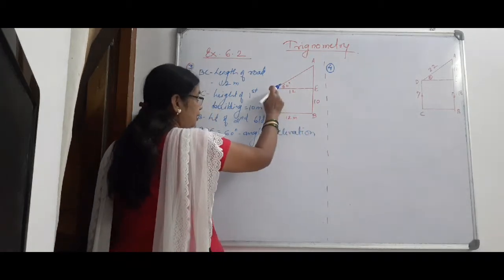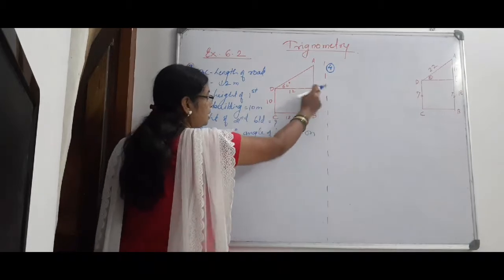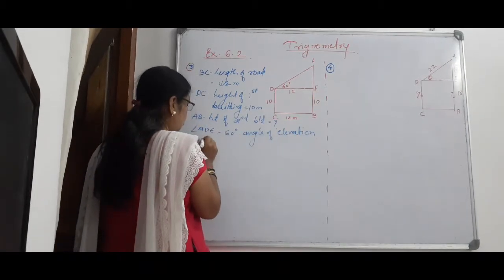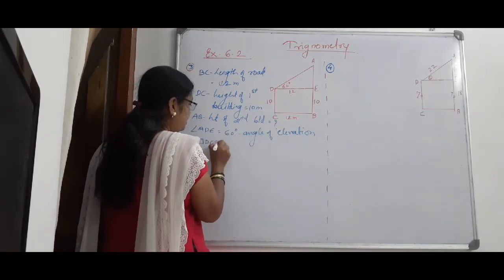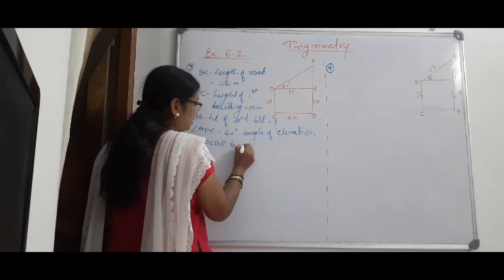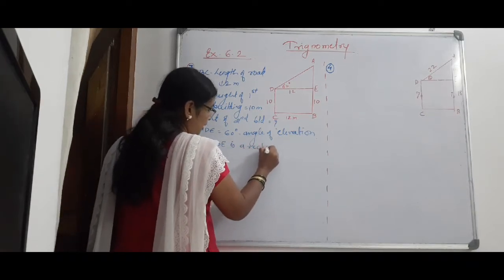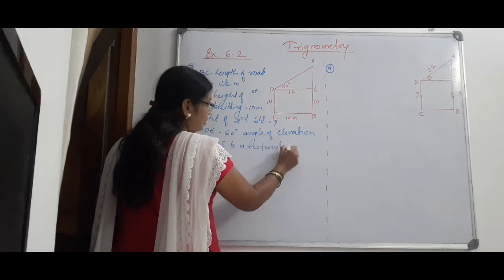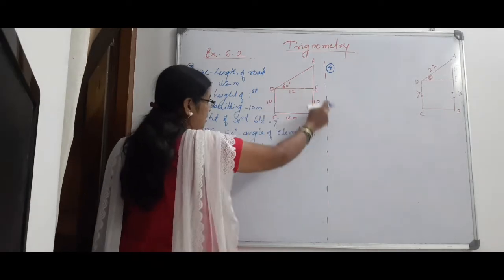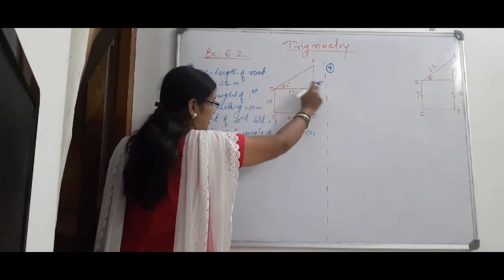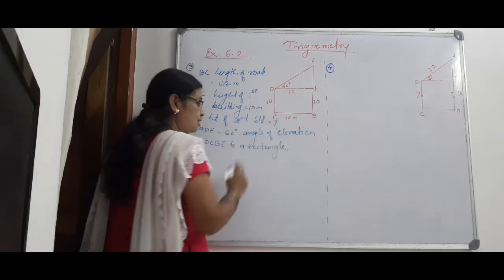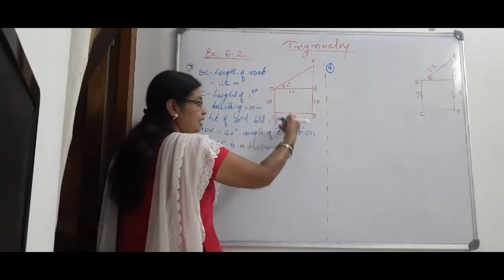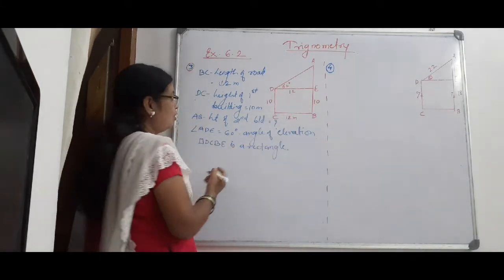Now see here, quadrilateral DCBE is a rectangle, because it is a straight building, the ground is there and it is the horizontal line, therefore it forms a rectangle. Now if it is a rectangle, then opposite sides are congruent.